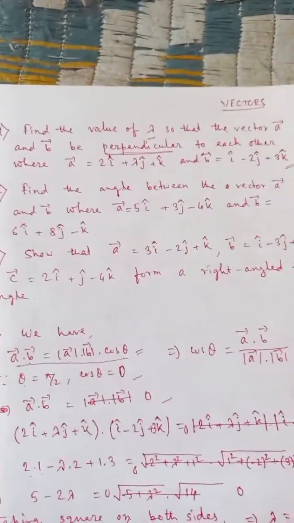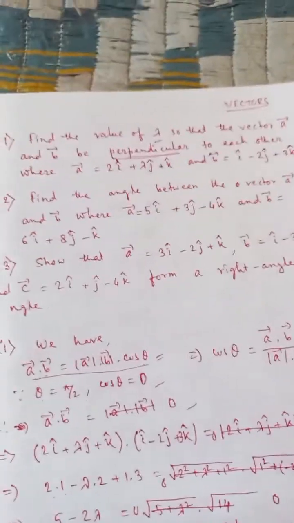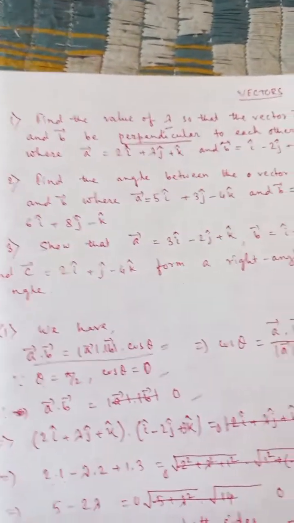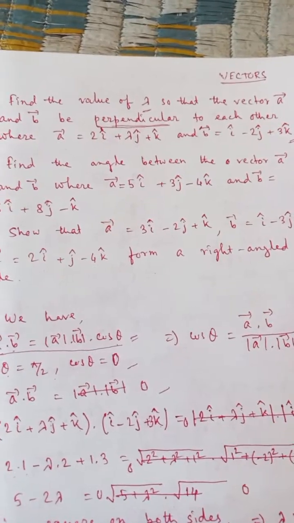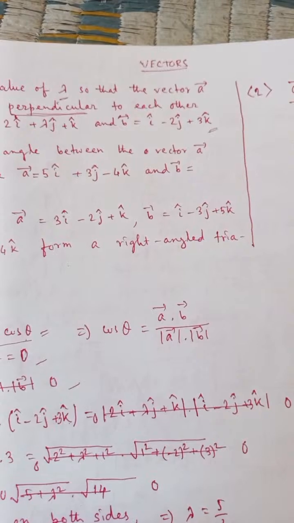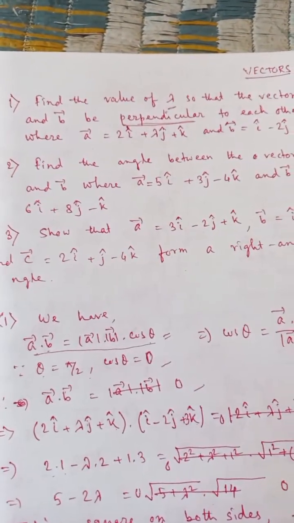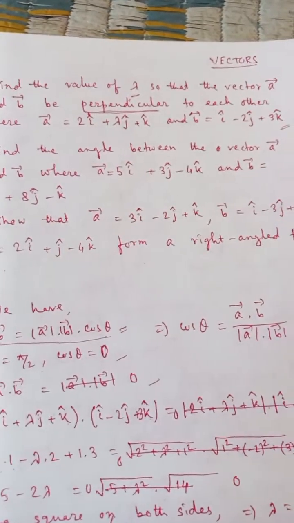So now another problem we will discuss. Here given three vectors, A vector, B vector and C vector, which value are given. A vector is 3i minus 2j plus k, B vector is i minus 3j plus 5k, and C is 2i plus j minus 4k. So three vectors form a right angle.